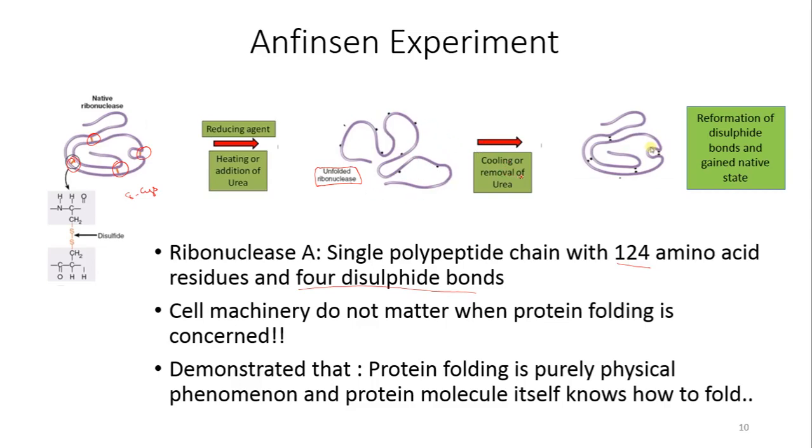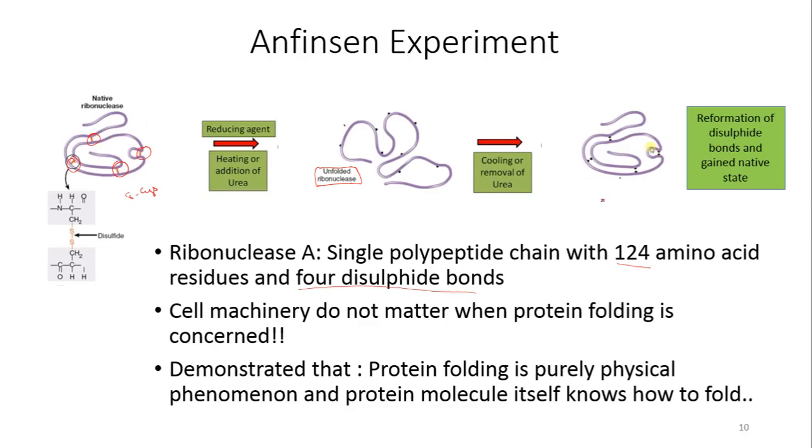Then what he did next is that he cooled down the same protein. He removed the urea and the reducing agent, and what he observed is that after cooling down and removal of the reducing agent and urea, the protein somehow acquired its functional state.